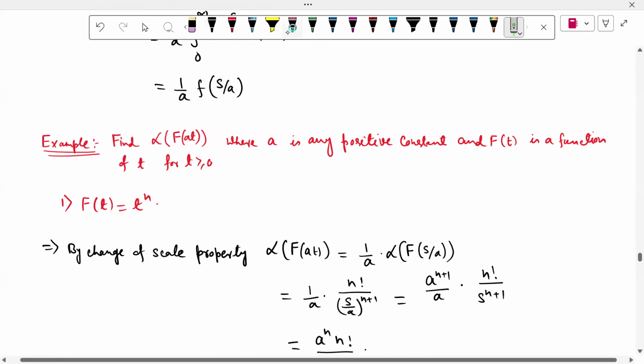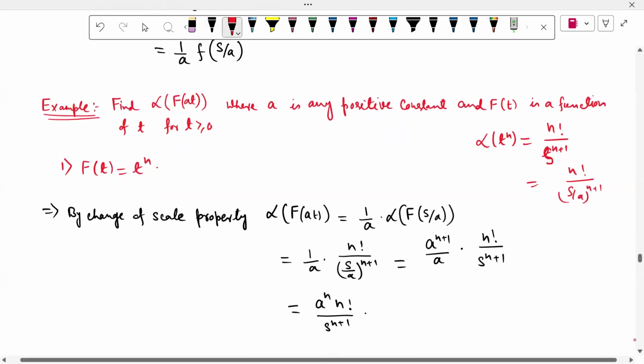So what is the Laplace transform of t to the power n? You know that the Laplace transform of t to the power n, where n is an integer, is given by n factorial over s to the power n plus 1. So whenever you are given s by a, if you put s by a, then it becomes n factorial over (s/a) to the power n plus 1.